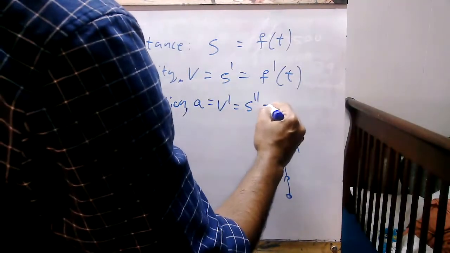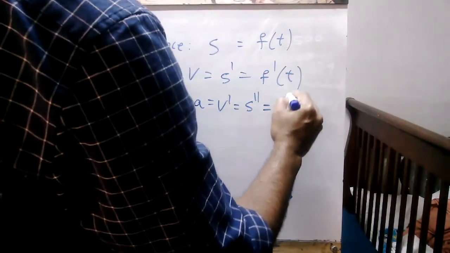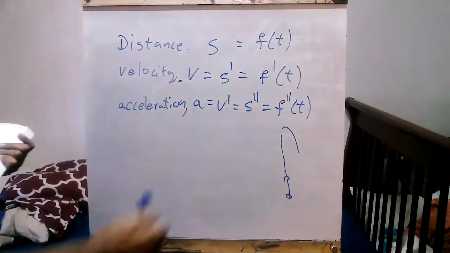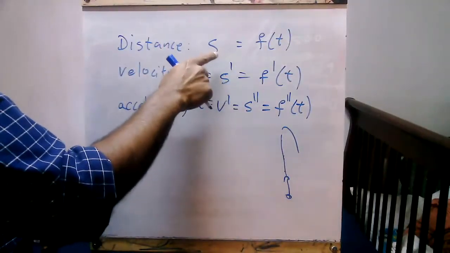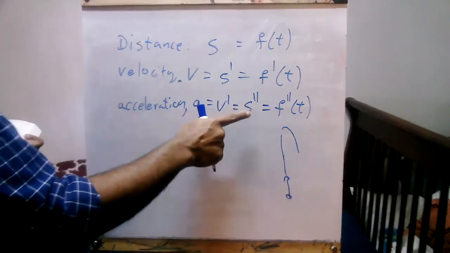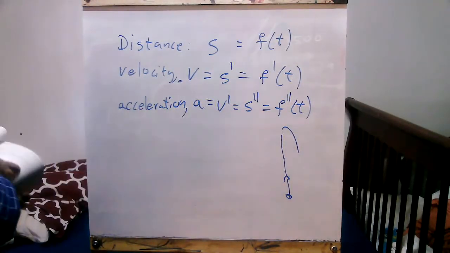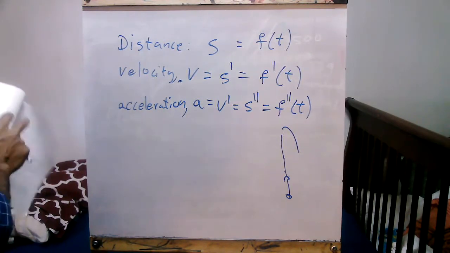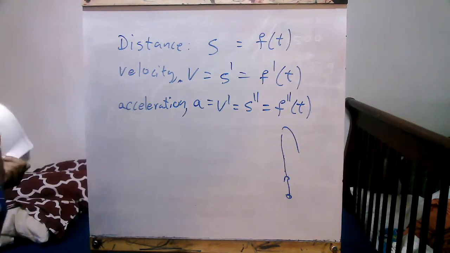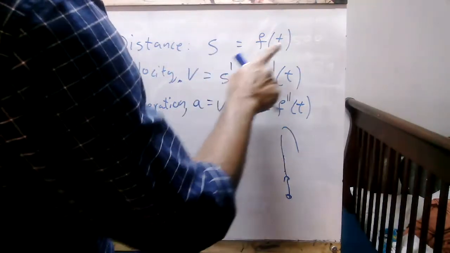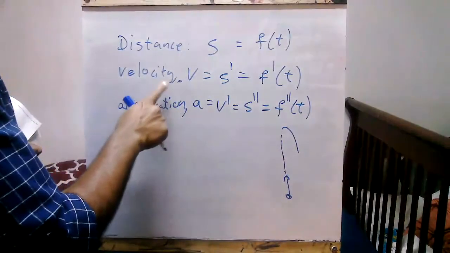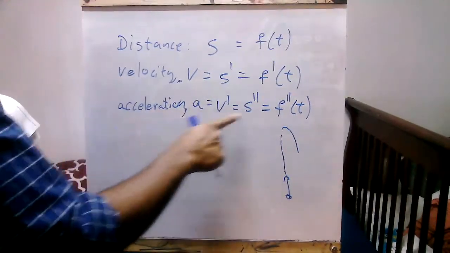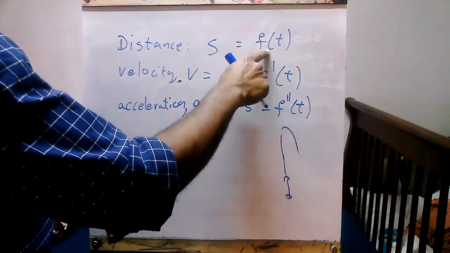We can also represent this as f double dash(t) to indicate the second derivative of s with respect to time. s is a function of time, velocity is the derivative of that function, acceleration is the second derivative of that function.